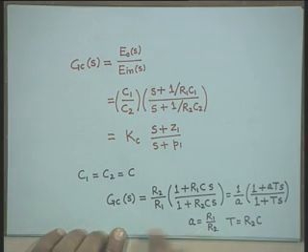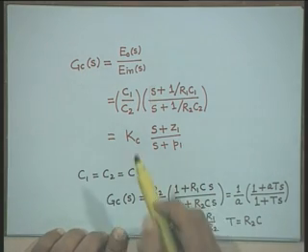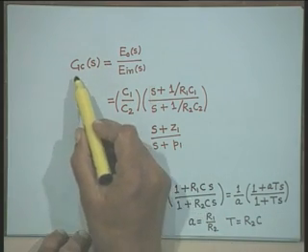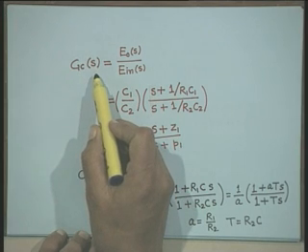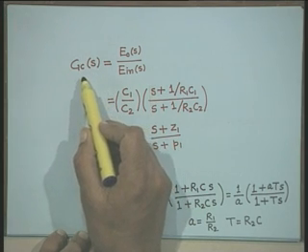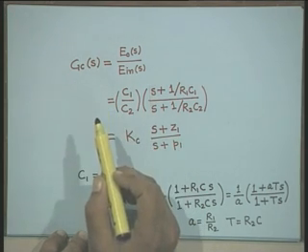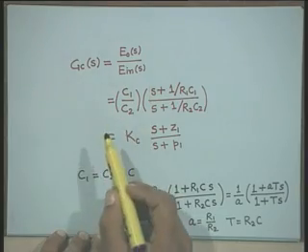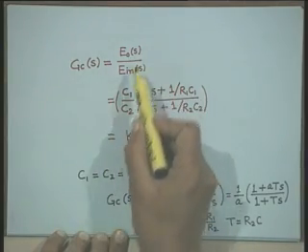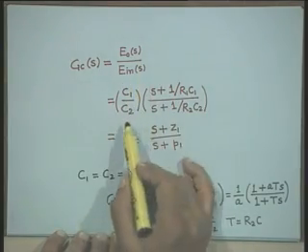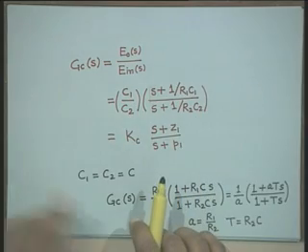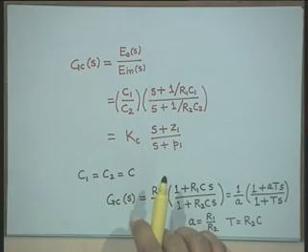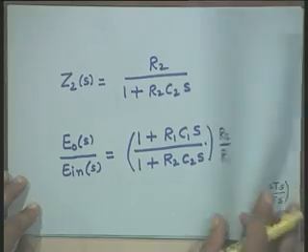Now, here I have written this expression which we just derived. We call this Gc(s), that is the transfer function of the compensator, where C stands for compensator, as Eo(s) by Ei(s). Now, this can be put in a different form.